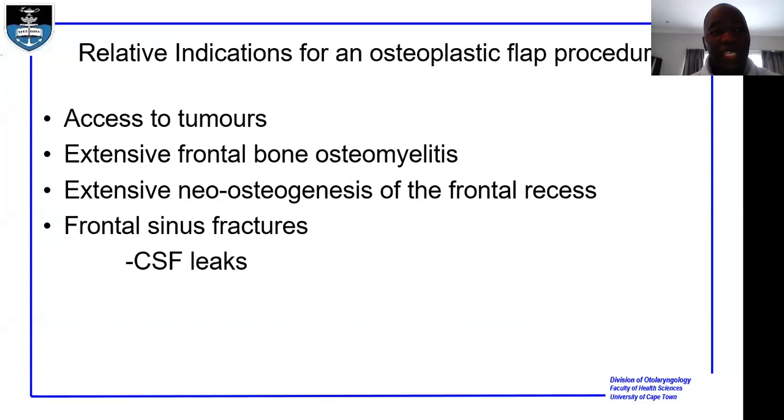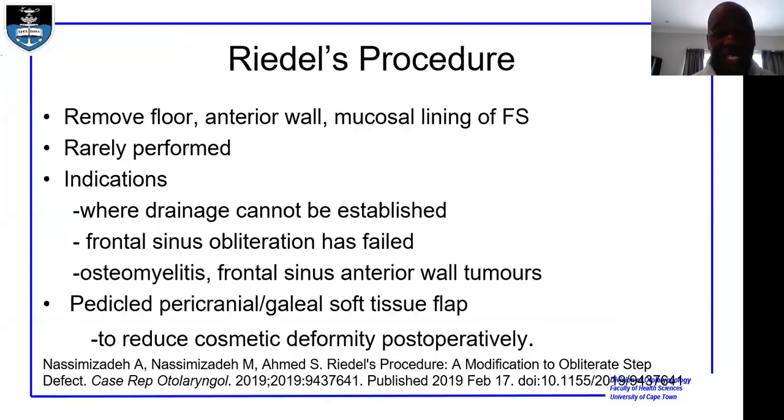The relative indications for an osteoplastic flap procedure are access to tumors, extensive frontal bone osteomyelitis, extensive neo-osteogenesis of the frontal recess, and frontal sinus fractures with CSF leaks. Riedel's procedure involves removing the floor, anterior wall, and mucosal lining of the frontal sinus and is rarely performed.